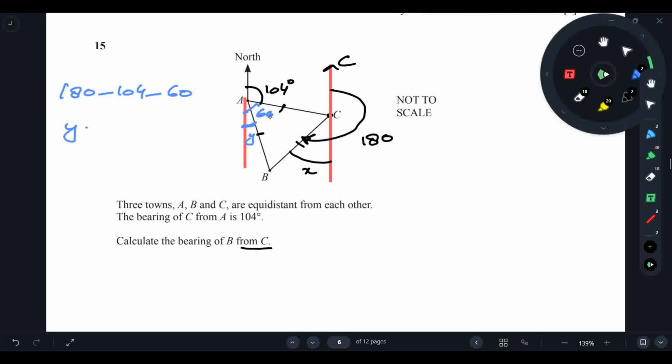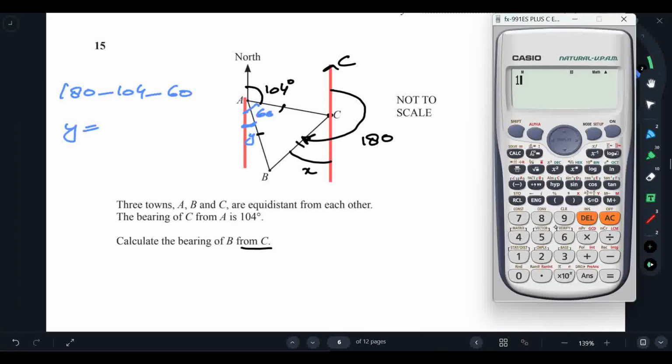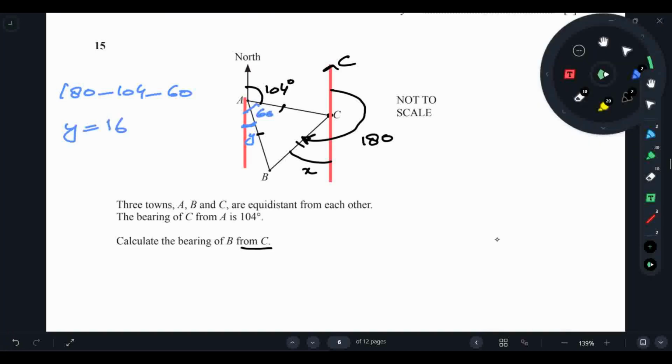So y will be equal to 180 minus 60 minus 104. So this will be equal to 16 degrees. 16 degrees means that this whole angle will be 76, because 60 plus 16, which means that this angle will also be 76.